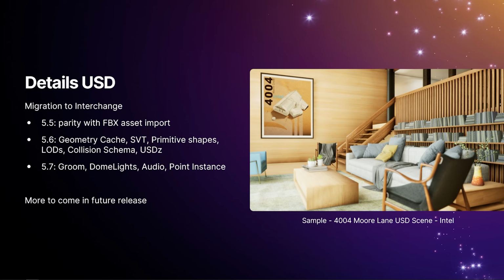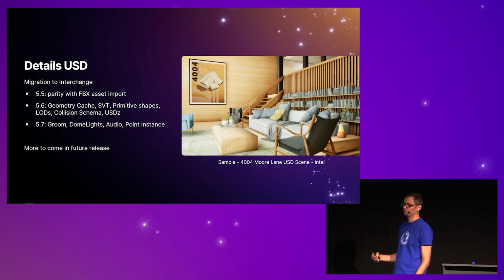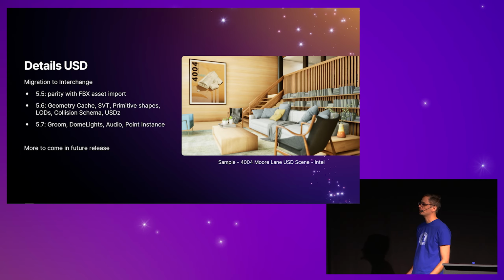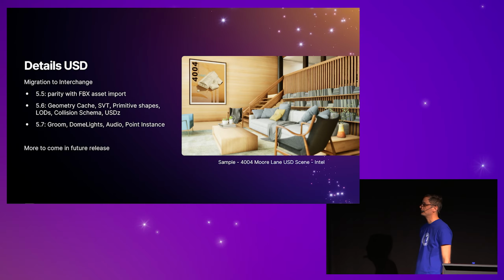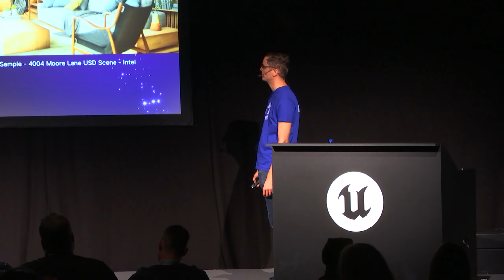And then with 5.6 and 5.7, we added some features that were missing from 5.5 plus some more specific USD features into the Interchange version of the importer. And there's still work to be done here, so this is still something we are going to expand.